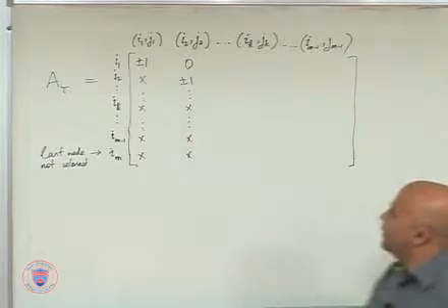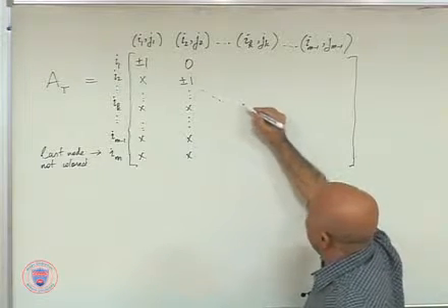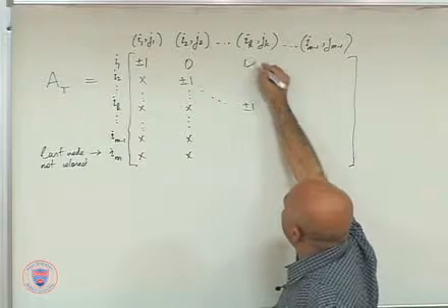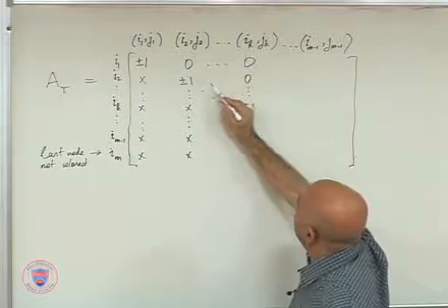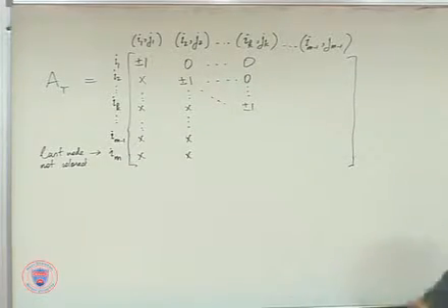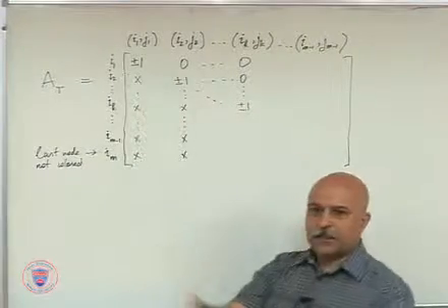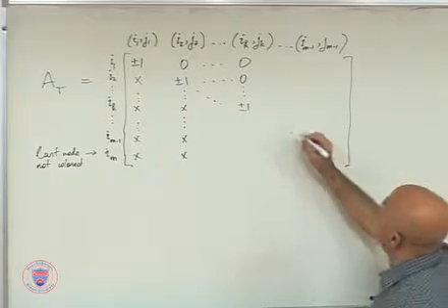And you go to the kth one. This one has a plus or minus 1 with zeros all the way here, because these zeros come from the fact that anything that's colored is dropped out of the tree. Okay, so they are not available anymore.